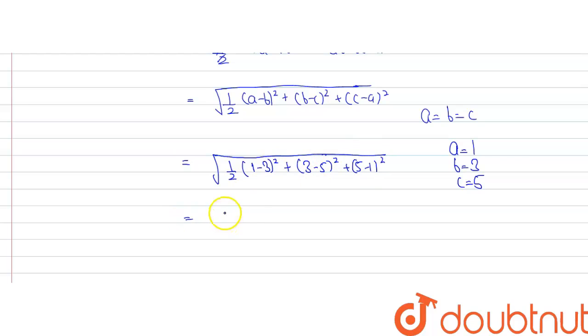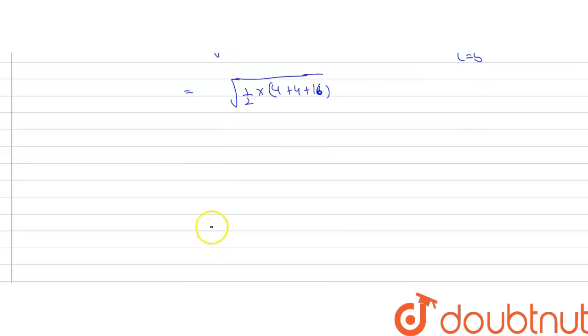Okay, which will equal under root of half into 4 plus 4 plus 16, which will give us under root of half into 24, which will give us under root 12. So our answer is under root 12.